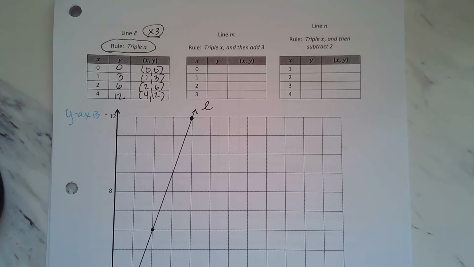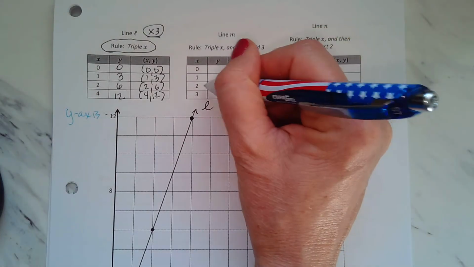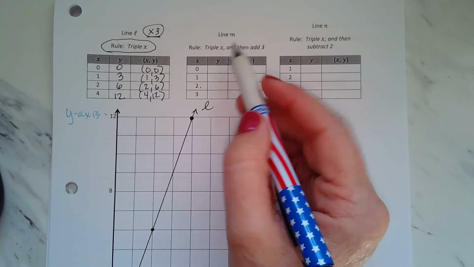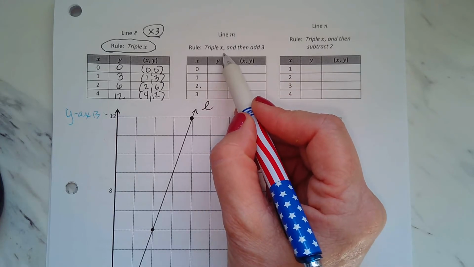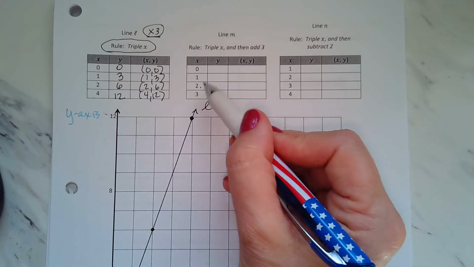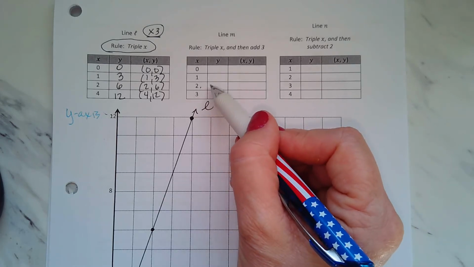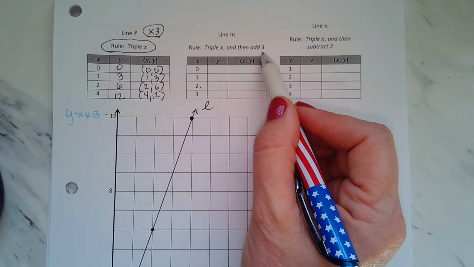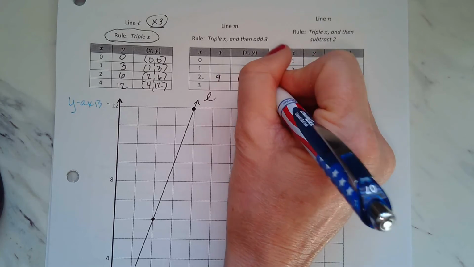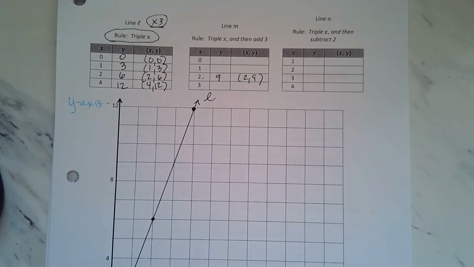So show me the coordinate pair for the point whose x coordinate is 2. What is the y coordinate going to be if you have to triple x and then add 3? So triple x means 2 times 3 is 6, then add 3. 6 plus 3 is 9. So your coordinate pair would be 2, 9.